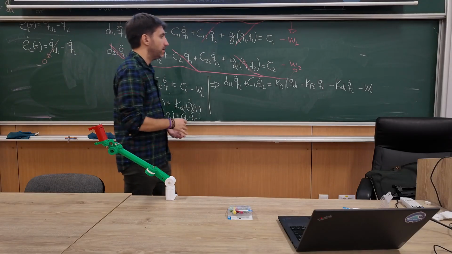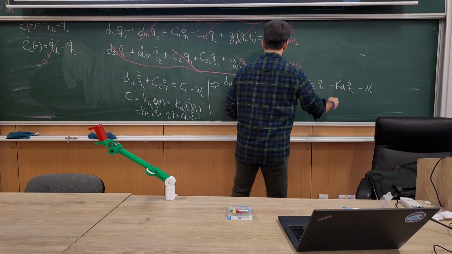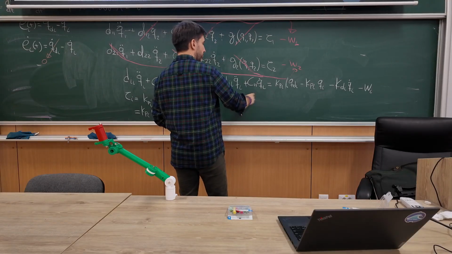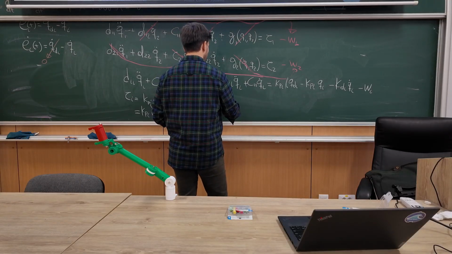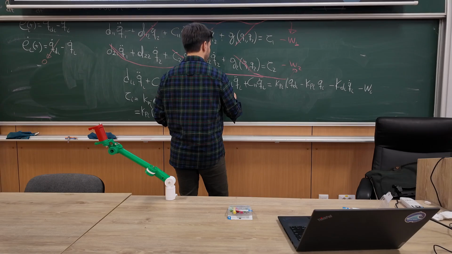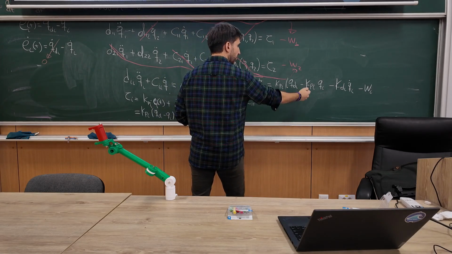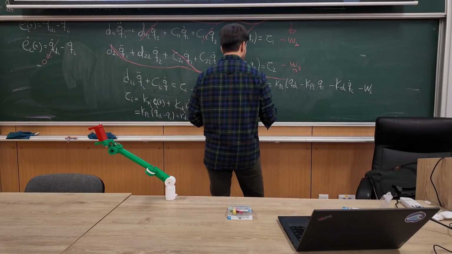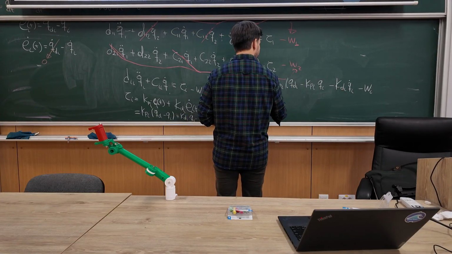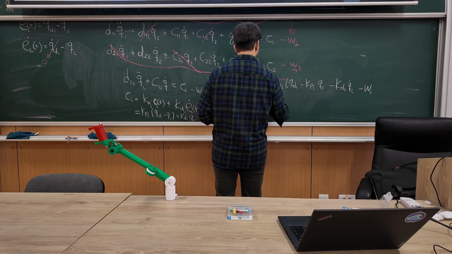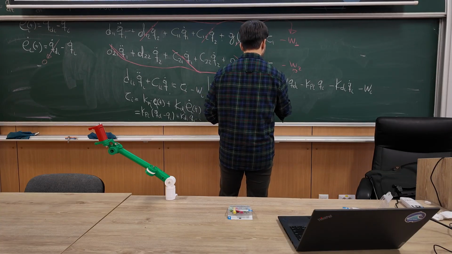All right. And now I move this qi on this side and I factor it out. So I get d_ii qi double dot plus C_ii plus kd_i, qi dot.